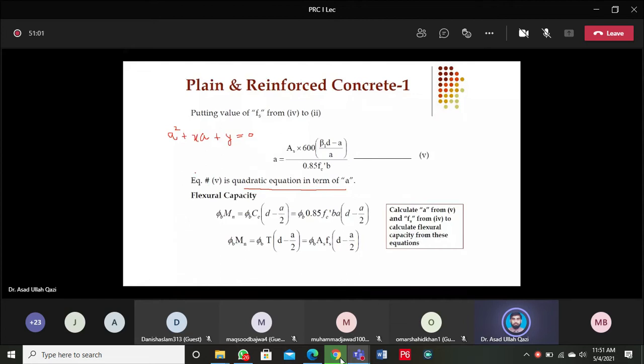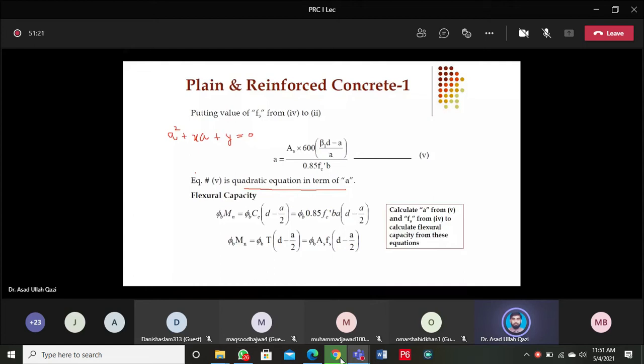So once you have this quadratic equation, you will get two roots. One root will be positive and other will be negative. So distance can't be negative.